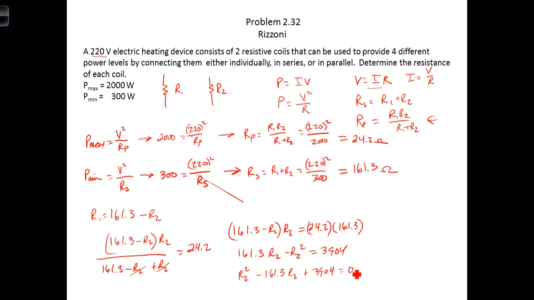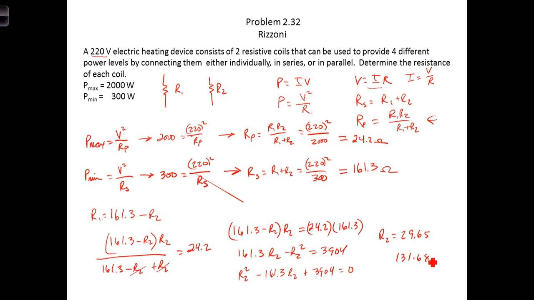Now you can plug that into your calculator and use the solve option, or get the quadratic formula out, and when you do that you get two values for R2. R2 equals either 29.65, or the other value is 131.68.